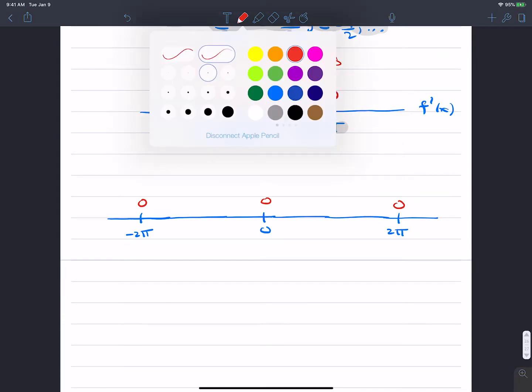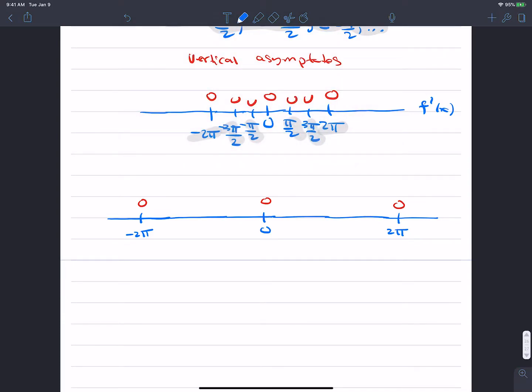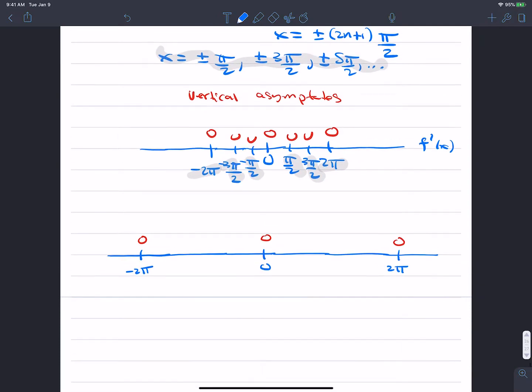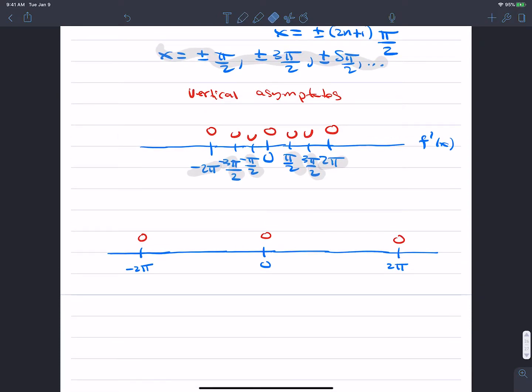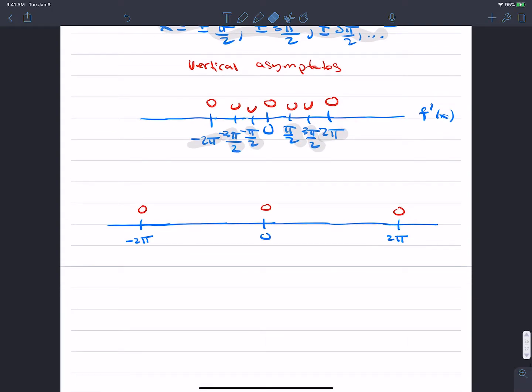Okay, and then I want to remind people, you have some other things happening here. Go back. At pi over 2, the first derivative is undefined because you have a vertical asymptote there. So you have pi over 2, and then you have 3 pi over 2.